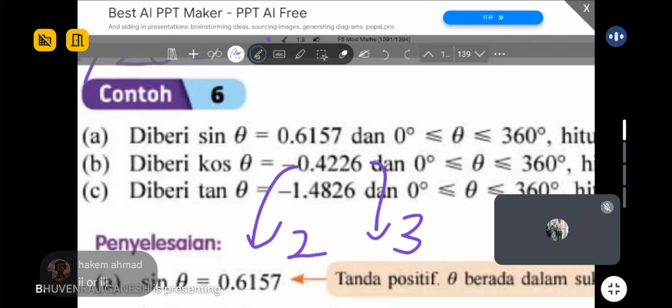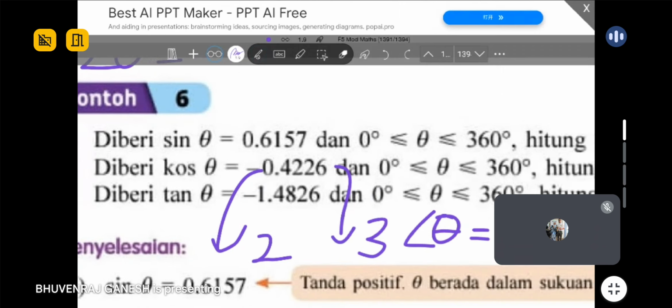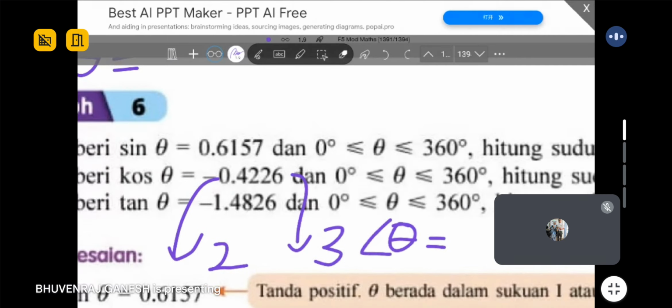Okay, guys, now can you all tell me what is your reference angle? What is your reference angle for question B? Reference angle, guys, means your answer must be within 0 to 90 only. It cannot be more. Okay? Yes, very good. Your answer is 65 degrees reference angle.